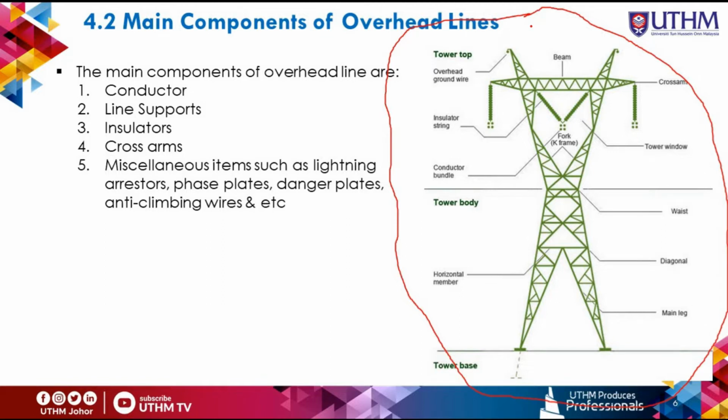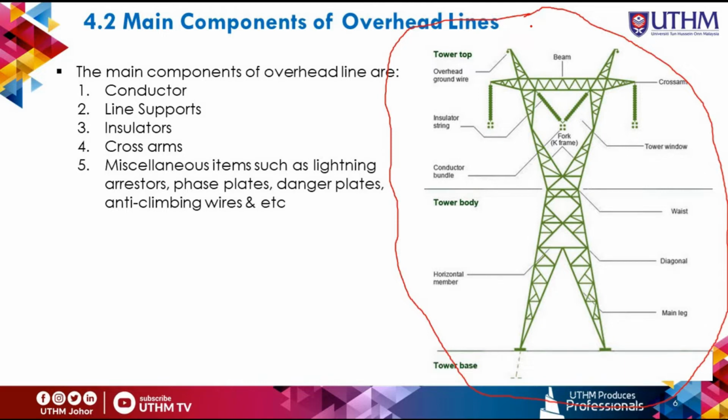The successful operation of an overhead line depends to a great extent upon the mechanical design of the line. While constructing an overhead line, it should be ensured that the mechanical strength of the line is such as to provide against the most probable weather conditions.